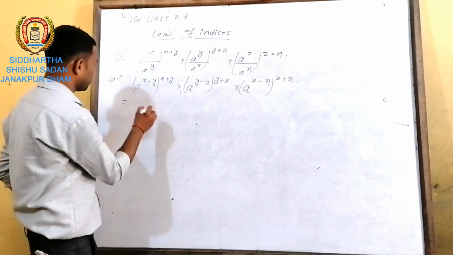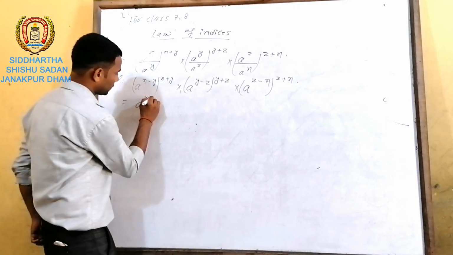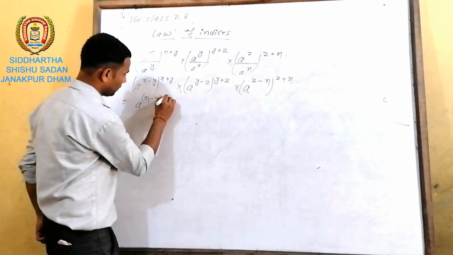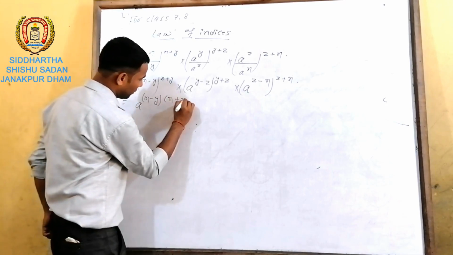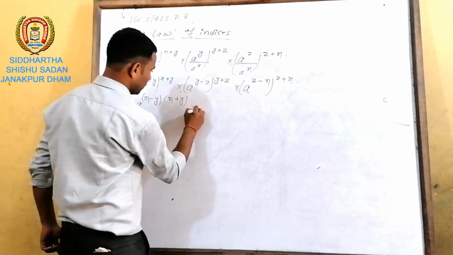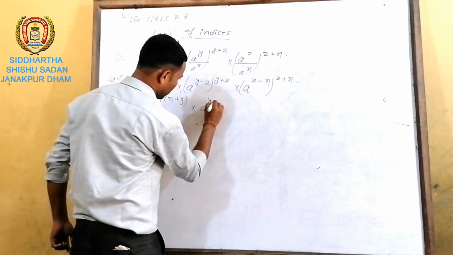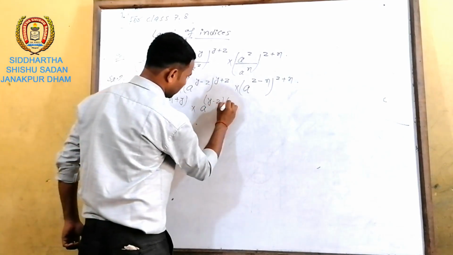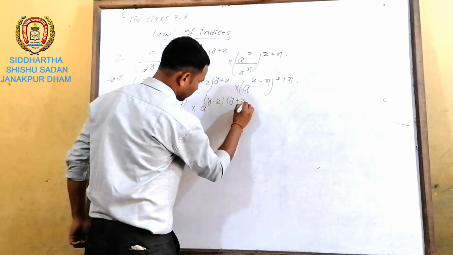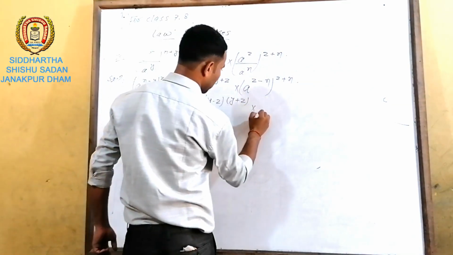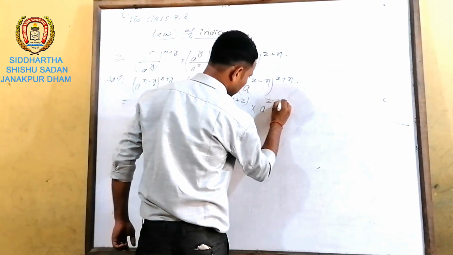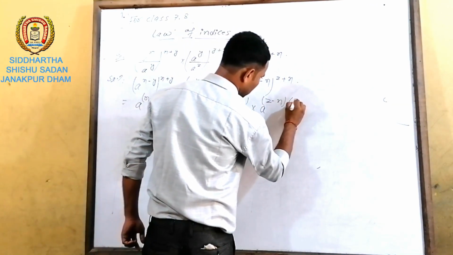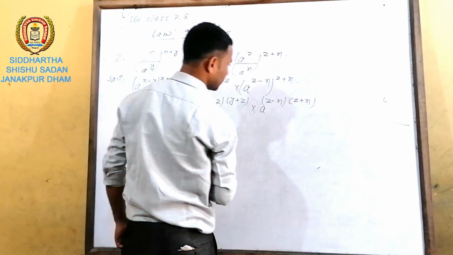Now apply the power law: power is always multiplied. A to the power (x minus y) multiplied by (x plus y), a to the power (y minus z) multiplied by (y plus z), multiplied by a to the power (z minus x)(z plus x).